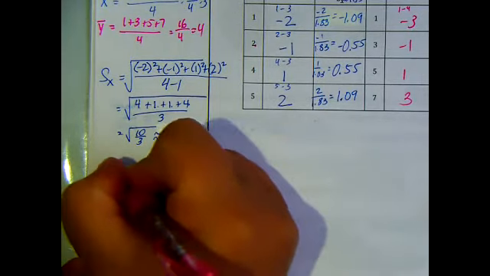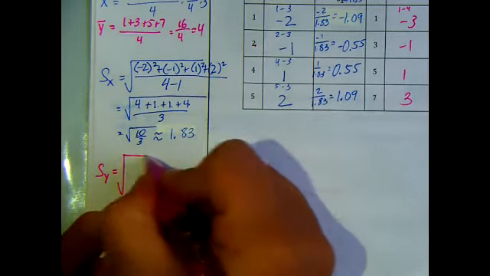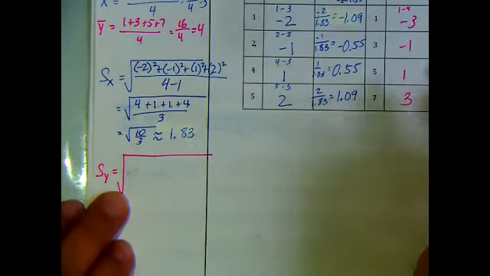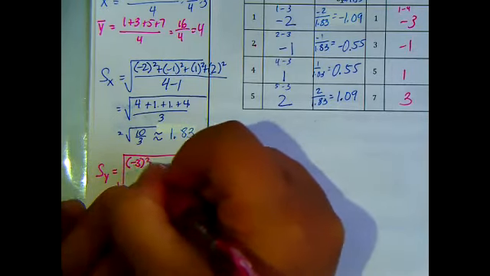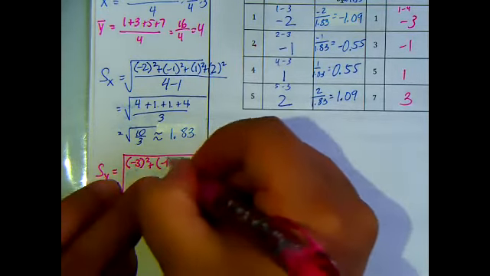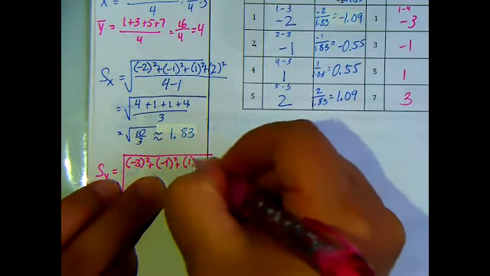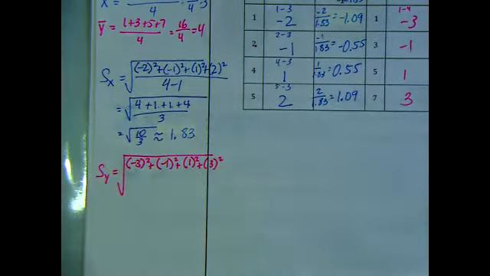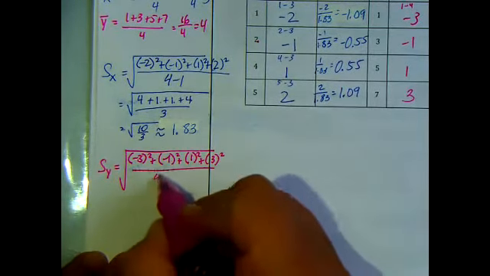And again, we have standard deviation of the y. Okay, big square root. Take each one of these differences and square them, add them together. So I have -3 squared plus -1 squared plus 1 squared plus 3 squared. Okay, divided by, once more, 4 minus 1.